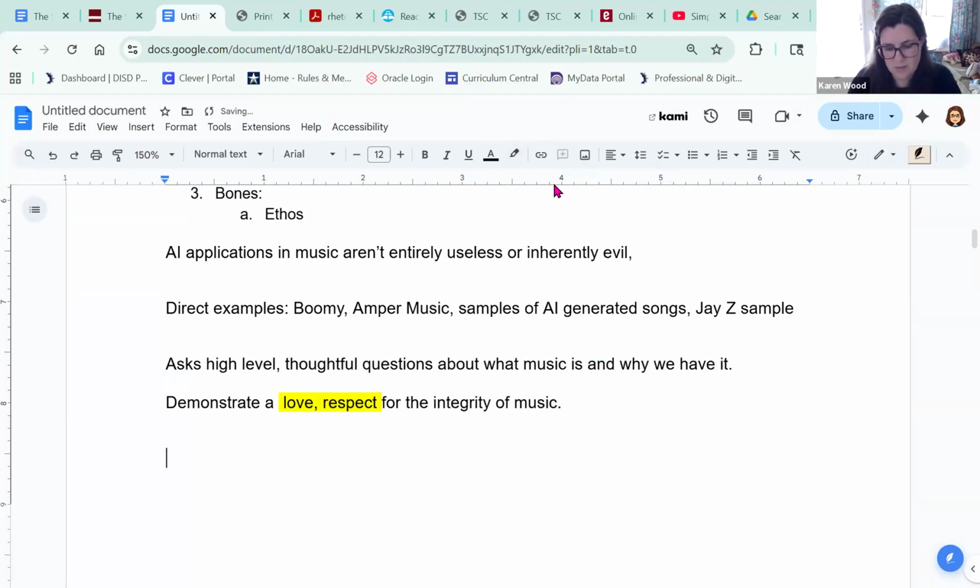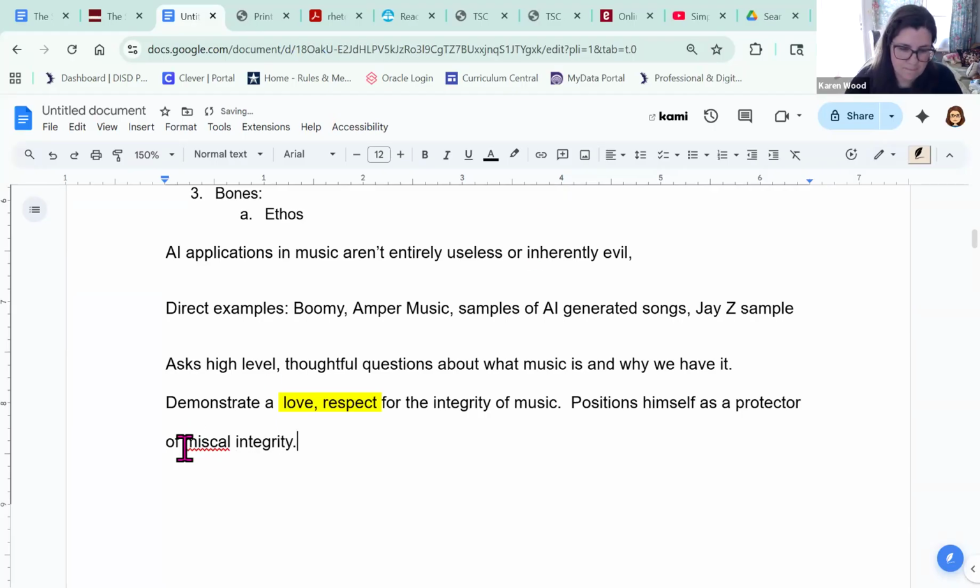So this is kind of like he positions himself as a protector of musical integrity.